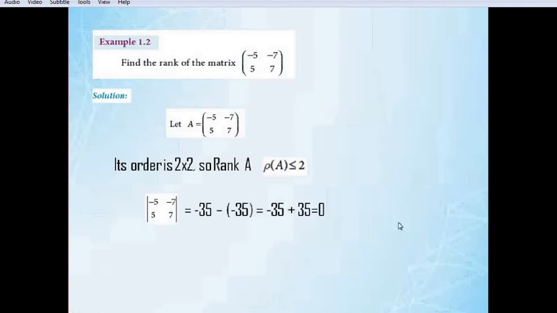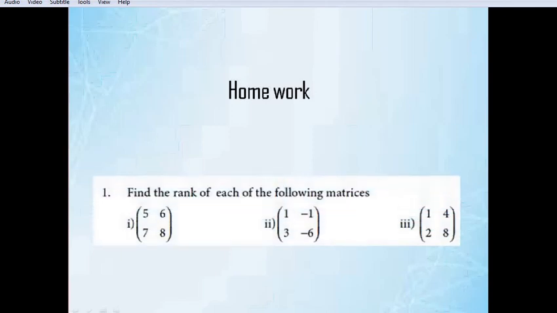What do you get? 0. So it is a singular matrix. If the determinant value of a 2 by 2 matrix is 0, then automatically its rank is 1. So for a 2 by 2 matrix we can find the rank.